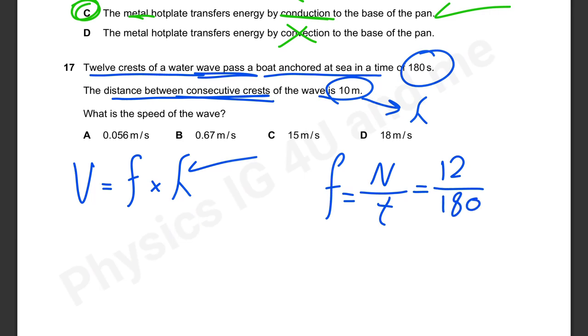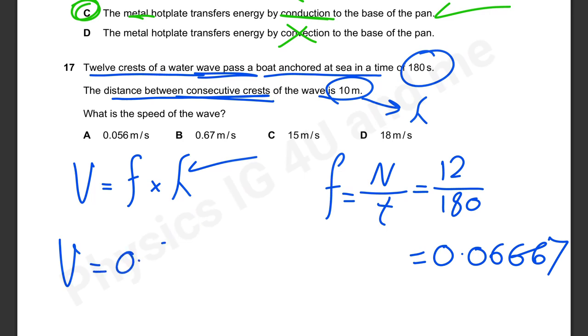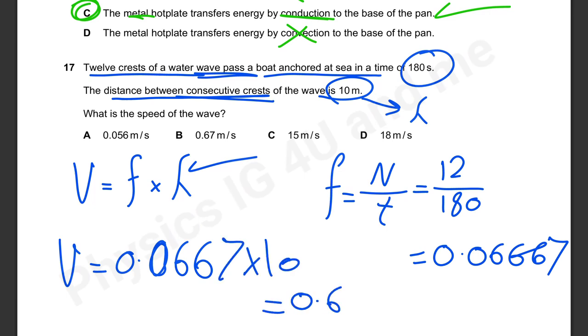This will give me 0.0666, I put here 0.0667. So the speed is going to be 0.0667 multiplied by 10, which gives me 0.67 meters per second. So it's option B. This is question 17. I hope it's clear.